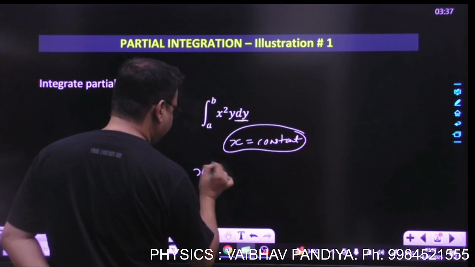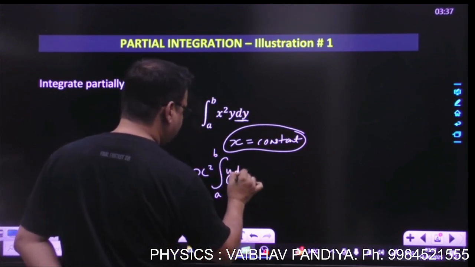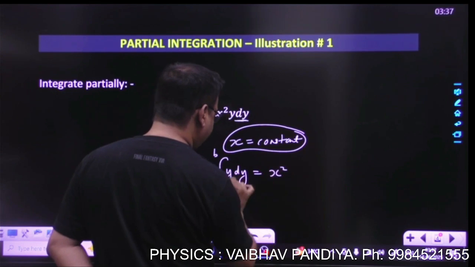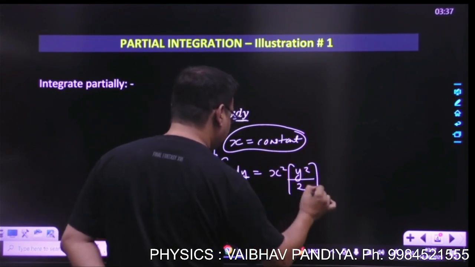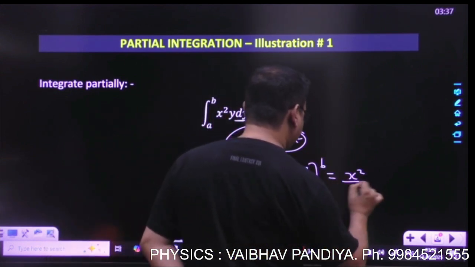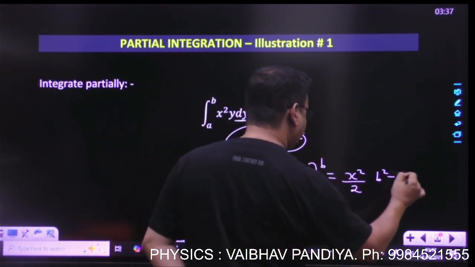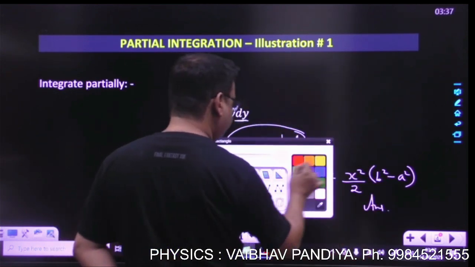So x square will be taken out of the integral and this is a to b y dy. So we'll get x square and this is very straightforward integral y square by 2 within the limits a to b. So we'll get x square by 2, put the limit b square minus a square. This is the answer for this problem. Got it?